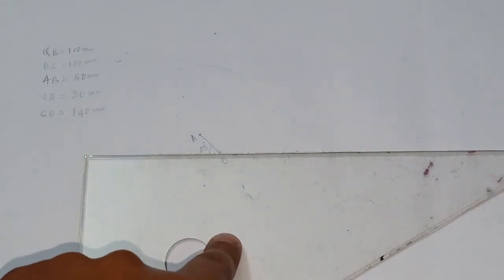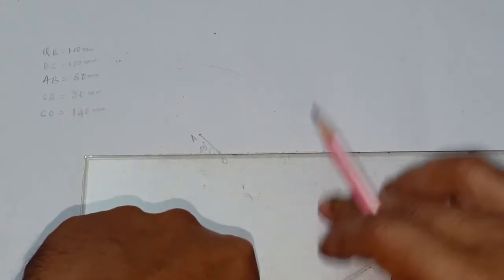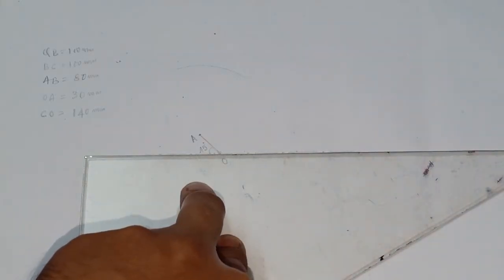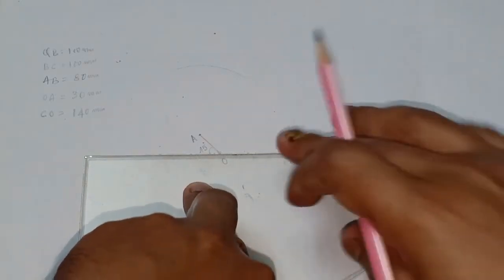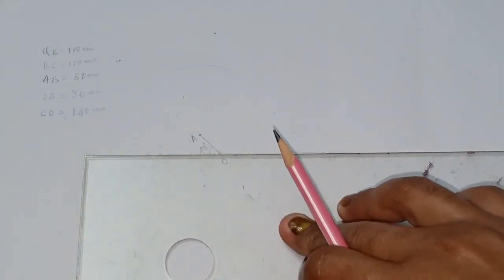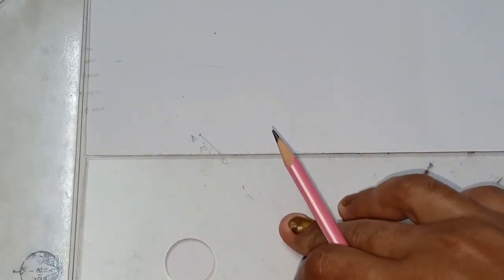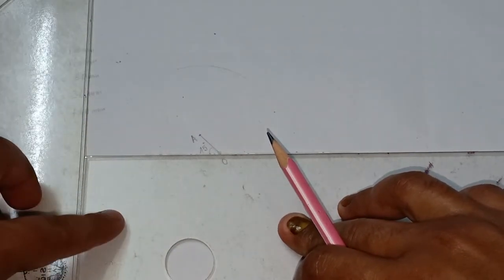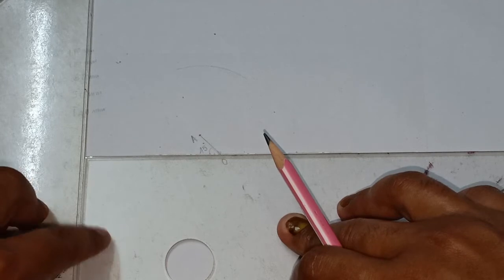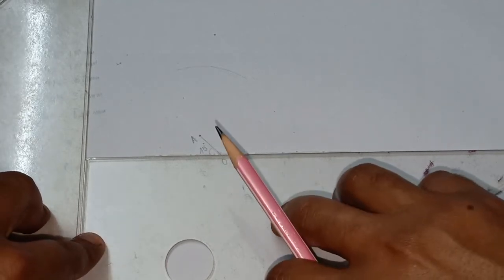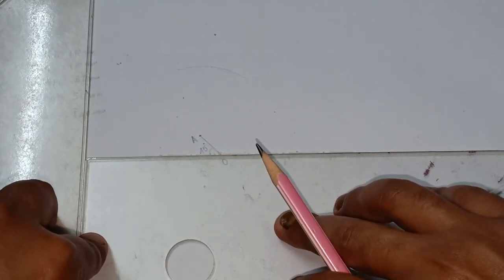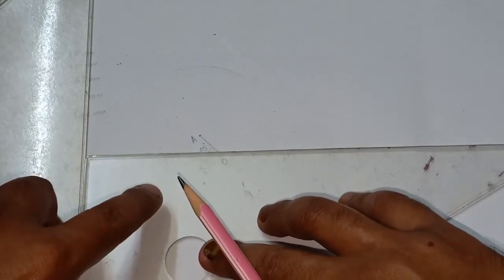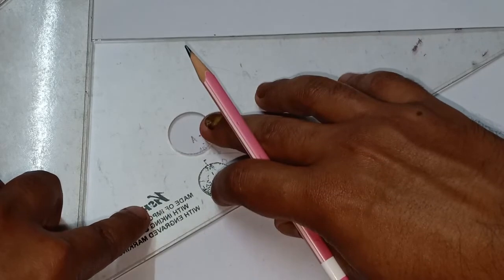A set square has three edges. The edge that is going to draw the parallel line must be kept free, and the other two edges are engaged. Engage another edge of the set square with the free edge and slide it to the dot from where the parallel line will be drawn.